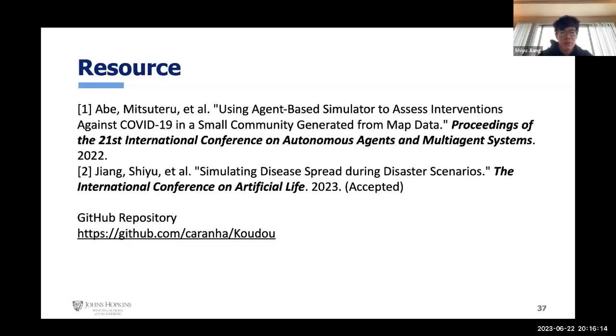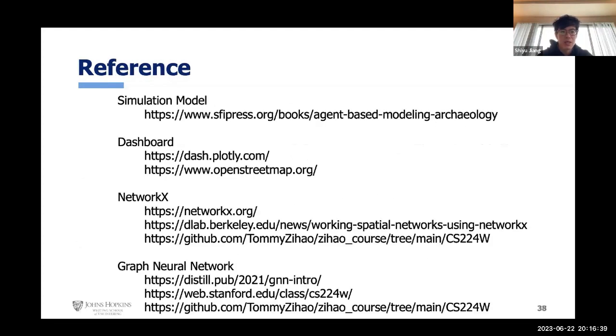There are some resources regarding this part. This is currently our outcome of the work. This is the GitHub repository, so you can play with it if you're interested, and the dashboard is also in this repository.